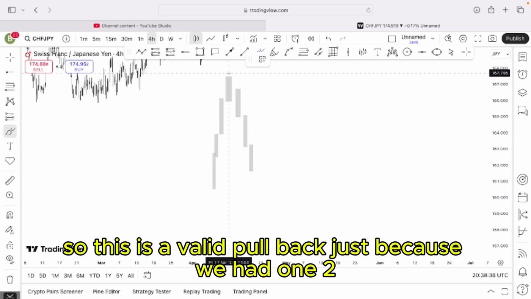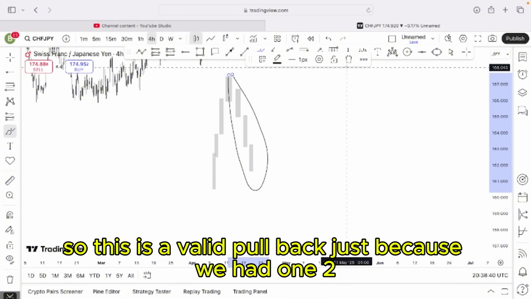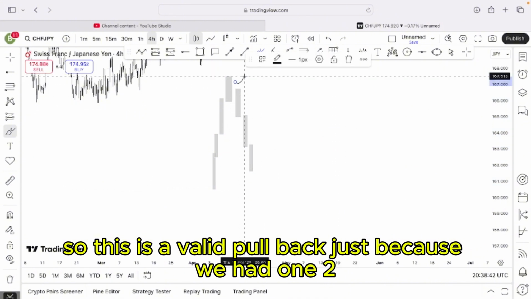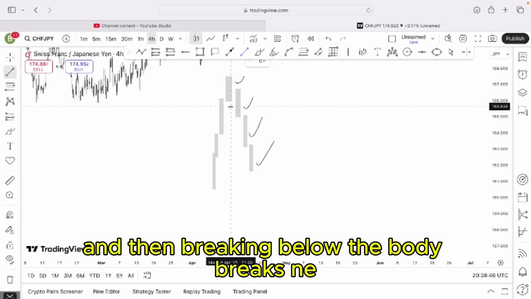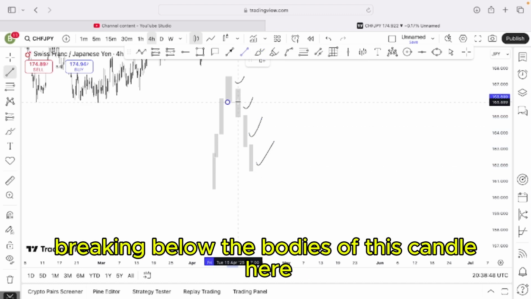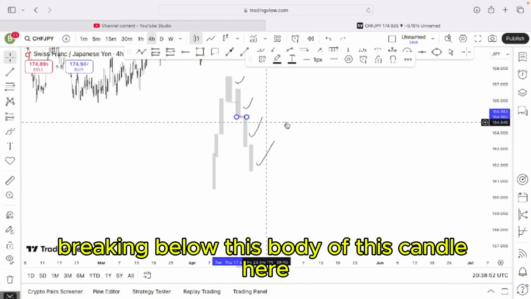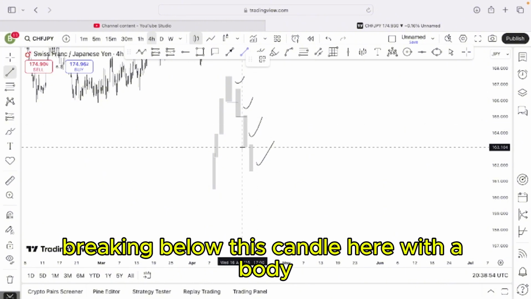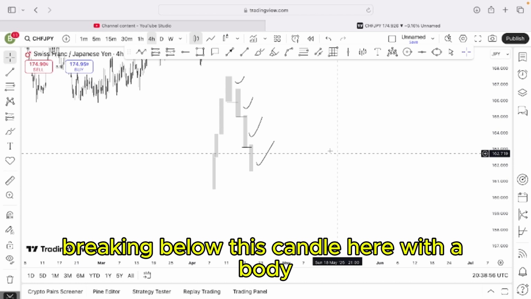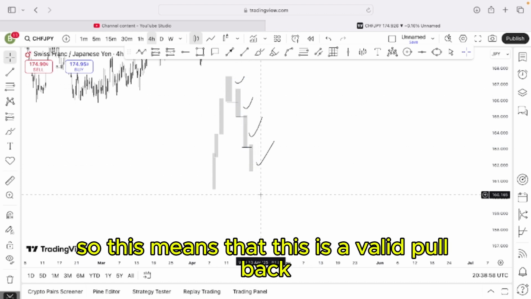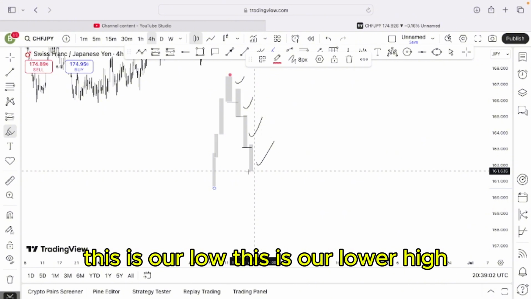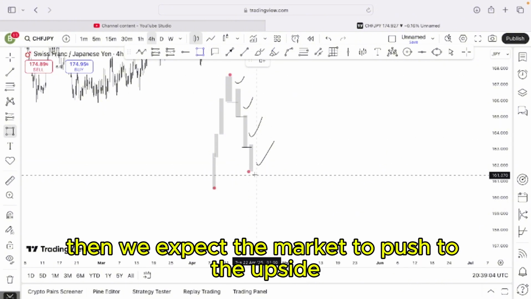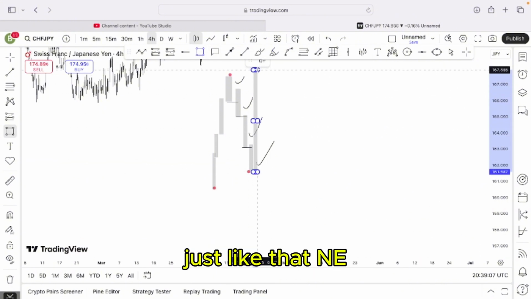So this is a valid pullback just because we had 1, 2, 3, 4, and then breaking below the bodies of this candle here, breaking below this body of this candle here, breaking below this candle here with a body. So this means that this is a valid pullback, and then we can confirm that this is our high, this is our low, this is our lower high. Then we expect the market to push to the upside just like that.